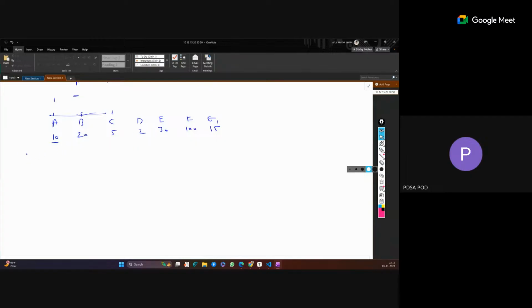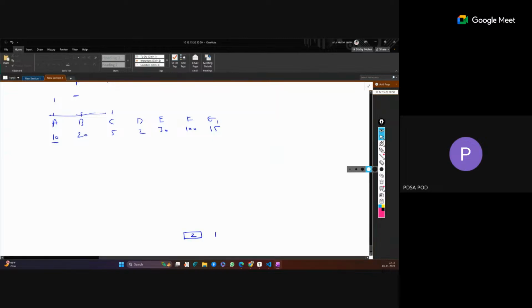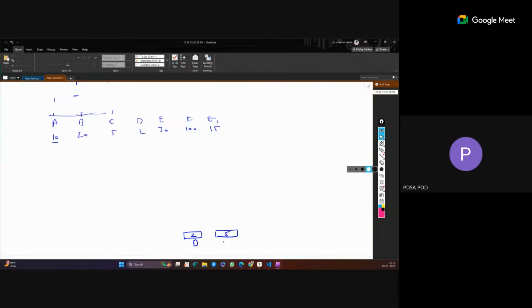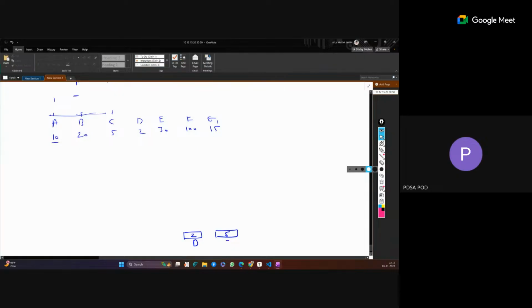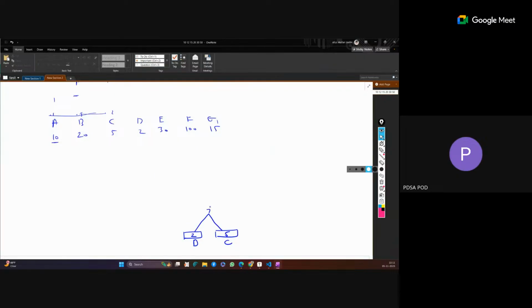At each step, initially you have 7 nodes. Pick the two smallest ones and create a Huffman tree from bottom to up. So this is 2 and this is 5. 2 is for D, just mention this, and 5 is for C, and combine them: 2 plus 5 is 7. Now 2 and 5 are done.